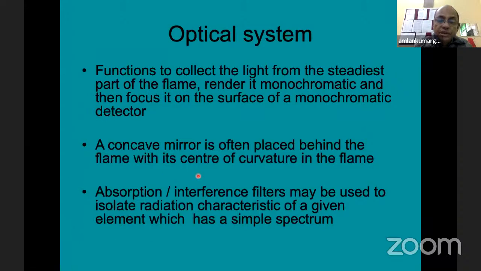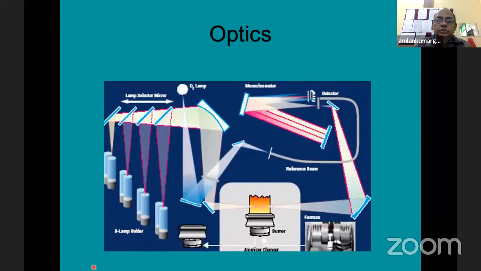So they have also been used as monochromators. This is an example of optics. Here is the burning chamber. This is the flame. Here it burns, and the light collected from the steadiest part of the flame is then moved on to the photomultiplier tubes, which are nothing but the detectors.